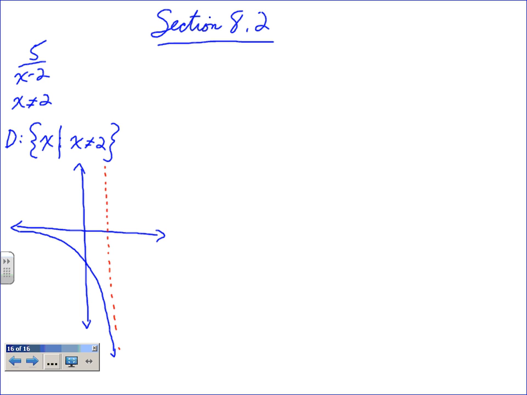And you know what that dotted line is called? I'm not sure if we had that or not before. Anybody know? This red dotted line is called a vertical asymptote. Have you heard that before?